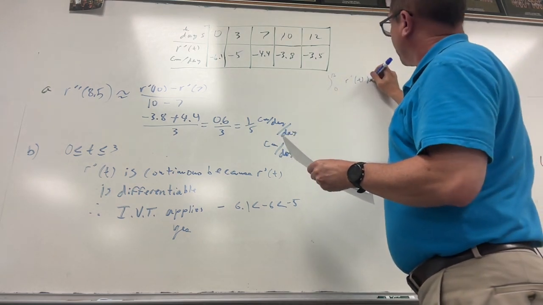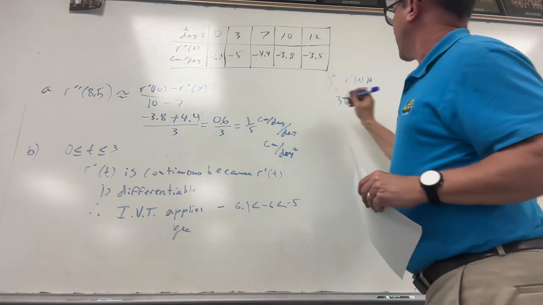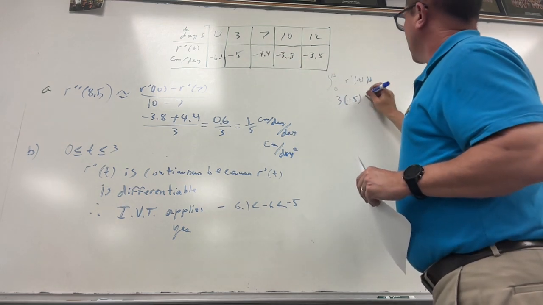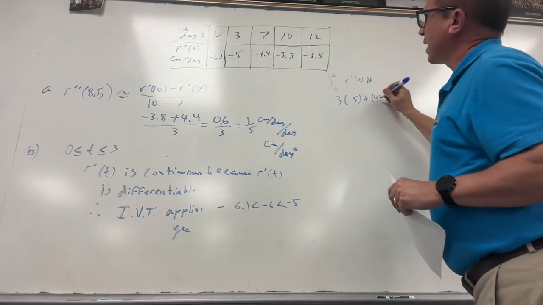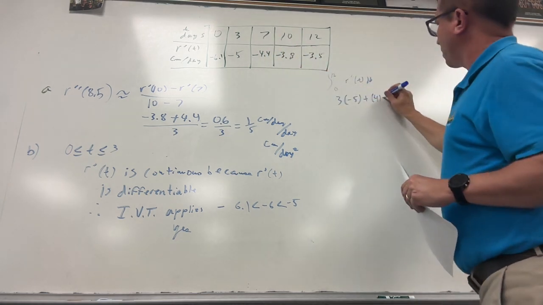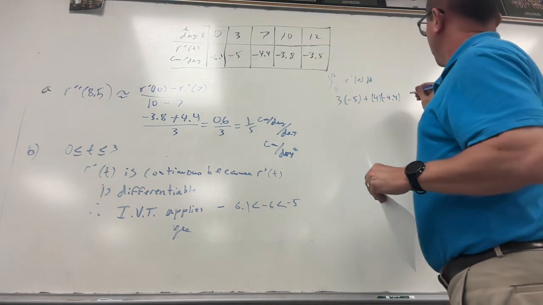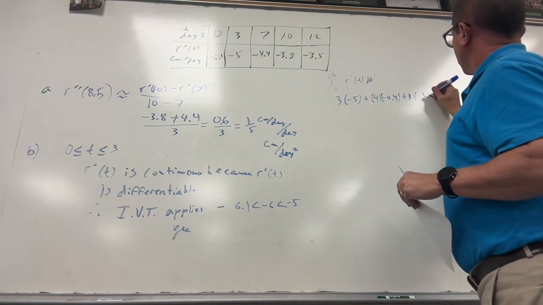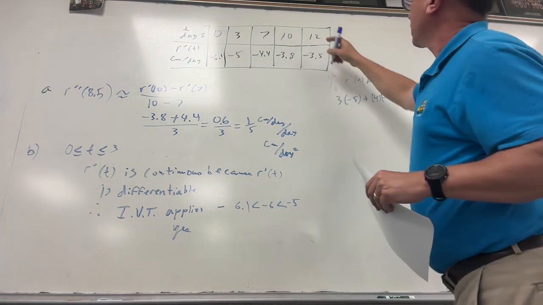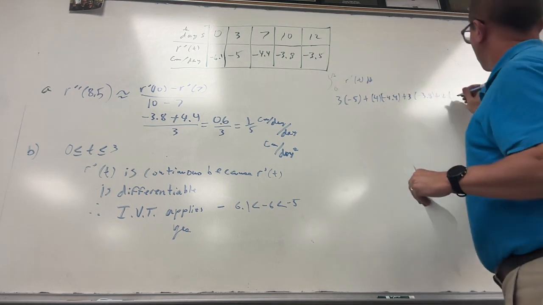So what we get here for this approximation of the integral from 0 to 12 of r prime of t is going to be the width 3 times the height of negative 5, plus the width of 4 times the height of negative 4.4, and the width of 3 times the height of negative 3.8, and then the width of 2 times the height of negative 3.5.